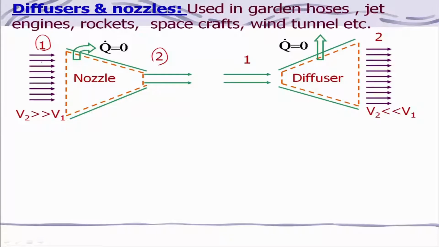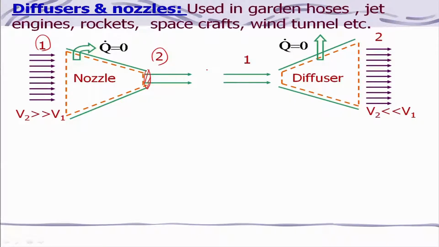When it moves through the nozzle, because there is a change in area, area is higher at station 1 and low here, this is your cross sectional area, then the velocity has increased. As I told, the area is decreasing at the exit of the nozzle, therefore, velocity will increase.